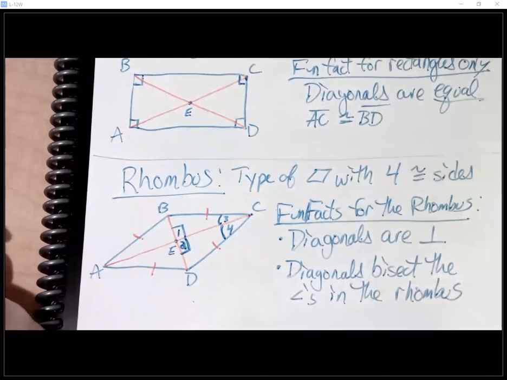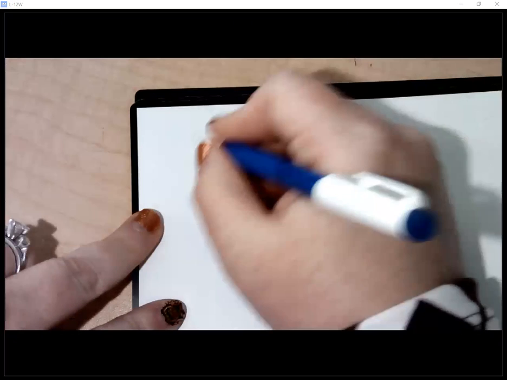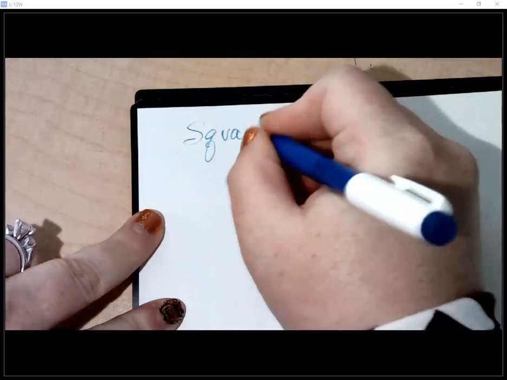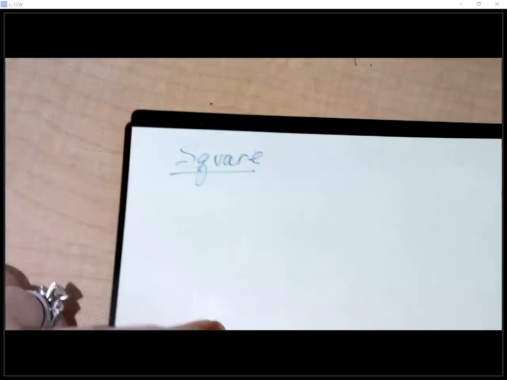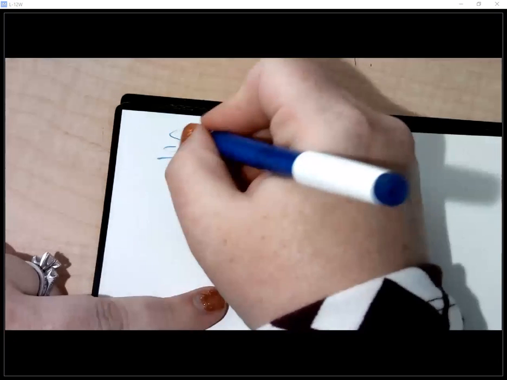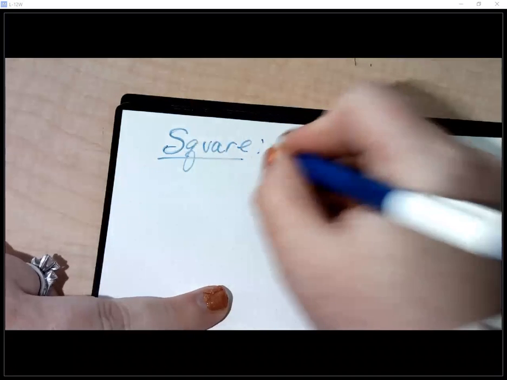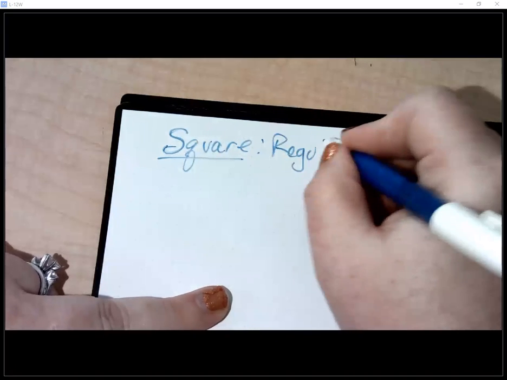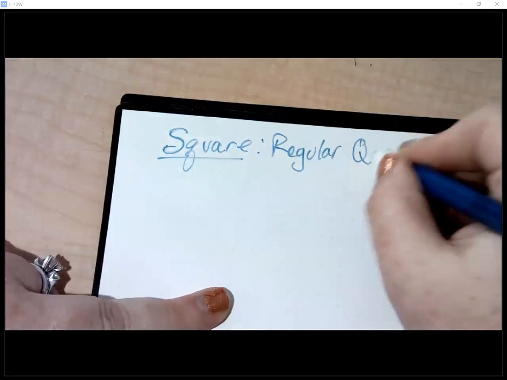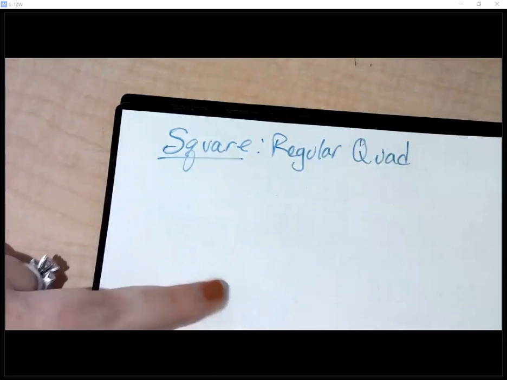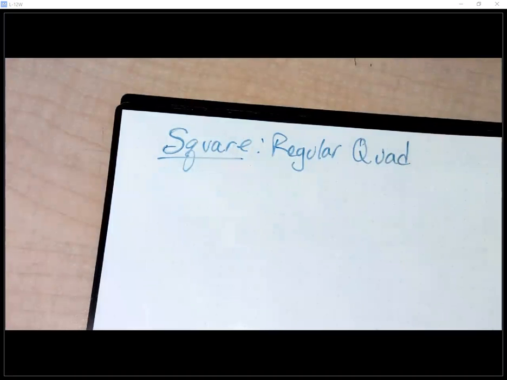All right, our friend the square. To define a square, it's so easy because you can literally just say it is a regular quadrilateral. Remembering what that term regular means, all sides the same, all angles the same. Yeah, that really does work. There's our friend the square. So big star for him.